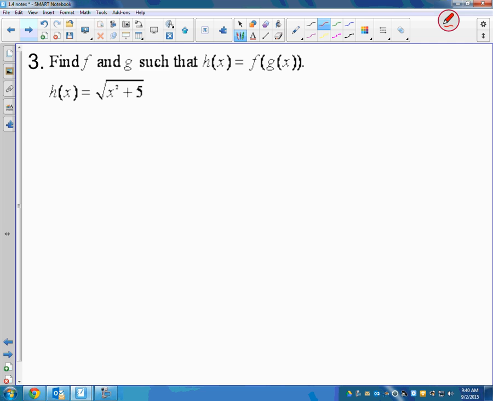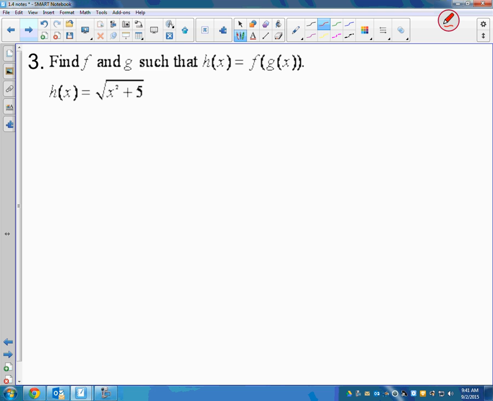And some people just see it right away, and other people really struggle with this. For me, I always think about the inside function and the outside function. So I'm always looking for something inside something else, like a radical sign, or inside a fraction, or something all raised to a power.